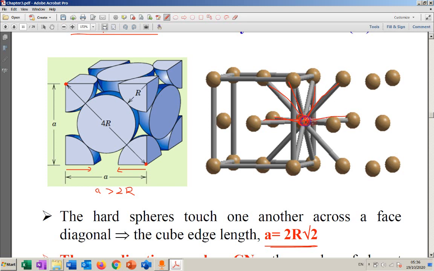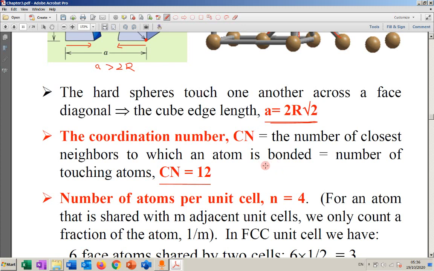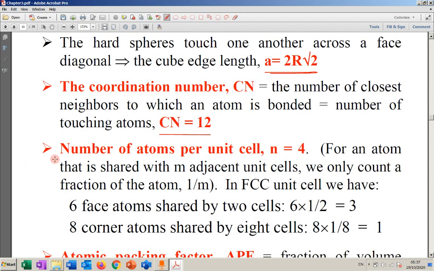In chemistry, it will be useful to understand the coordination number for the purpose of bonding. There we have it. The coordination number is 12 atoms. We calculate the number of atoms per unit cell.